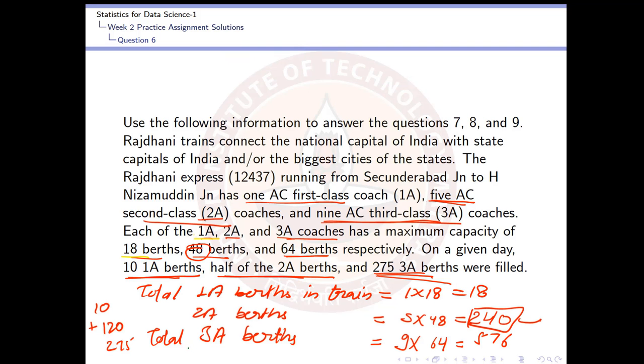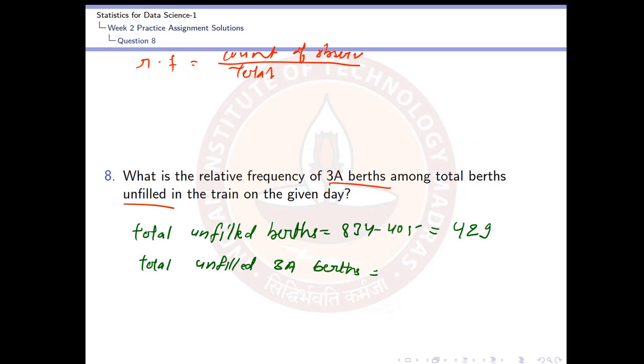Here we know that total 3A berths are 576, and on a given date only 275 3A berths were filled. So total unfilled 3A berths will be 576 minus 275, that will be your 301.